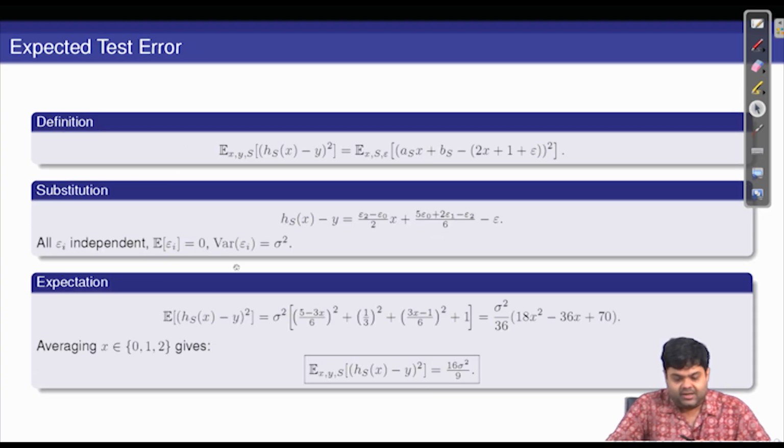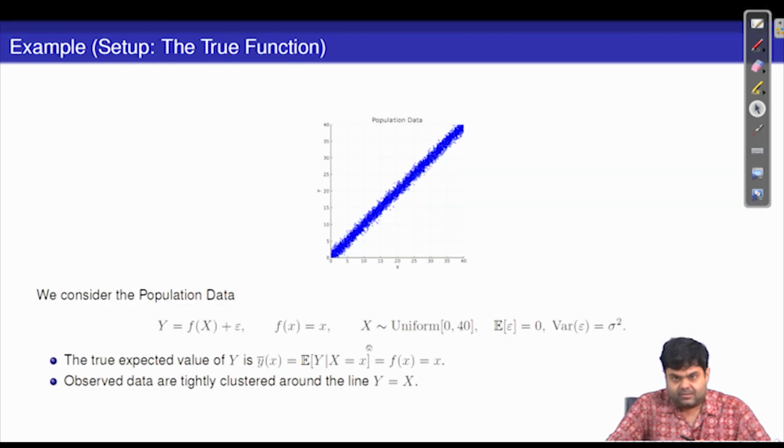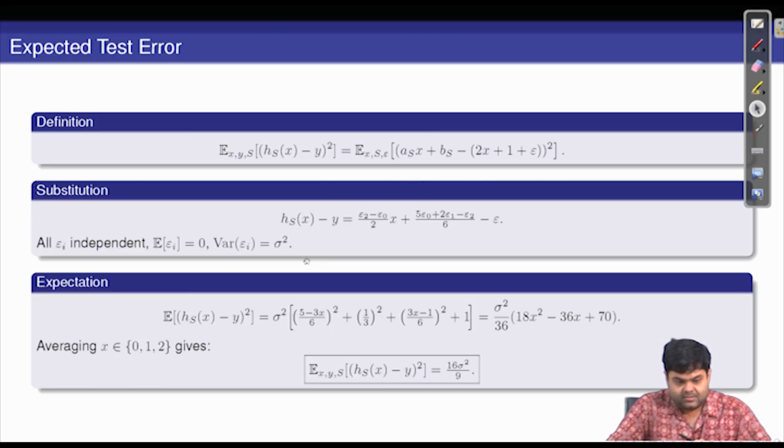So finally, from here you can calculate the expected test error. When you are taking all of it, this is your prediction, this is your y, h_S minus this becomes this. When you take the expected value, the epsilon term is 0, the variance is sigma square, and the expectation of this is this.